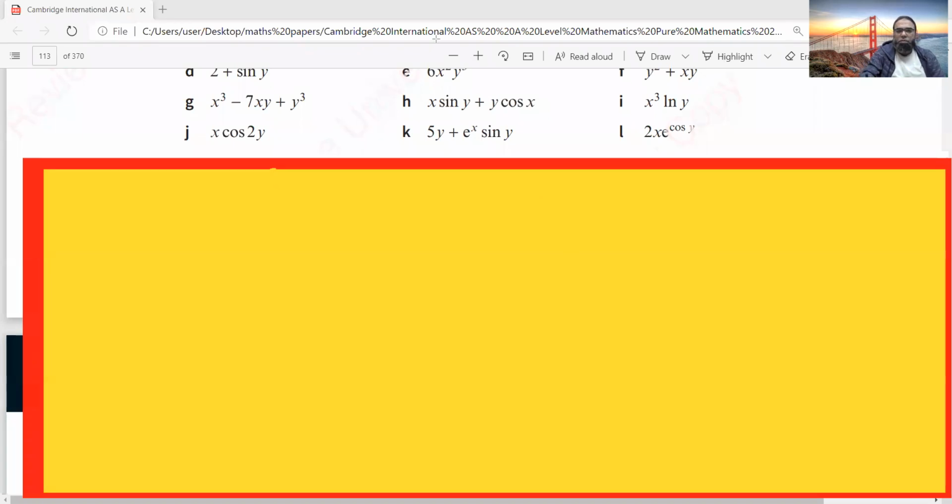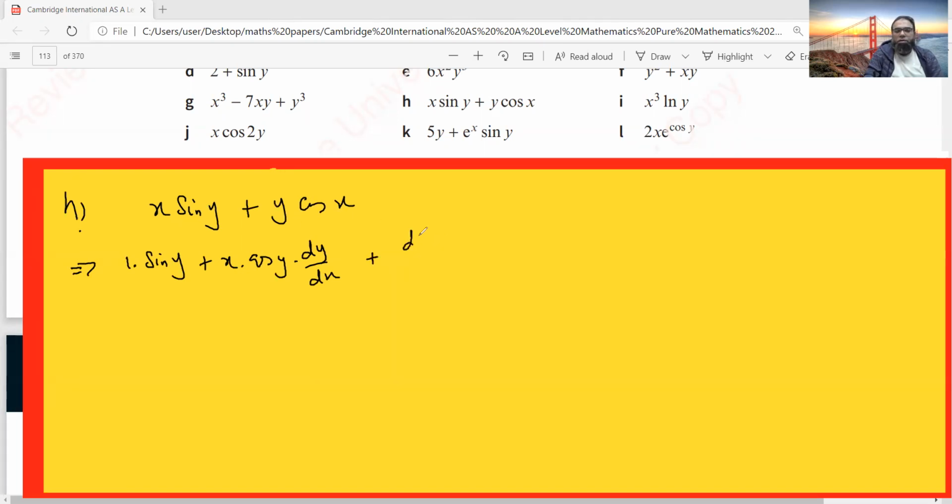H part. Now this says x sine y plus y cos x. Both are products. So we apply the product rule on x sine y. So this is going to be x derivative is 1 times sine y plus x as it is. Sine y's derivative is going to be first of all cos y and then times dy by dx. Then y cos x. Y's derivative is dy by dx, and cos x comes as it is.